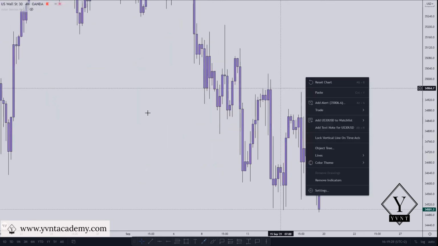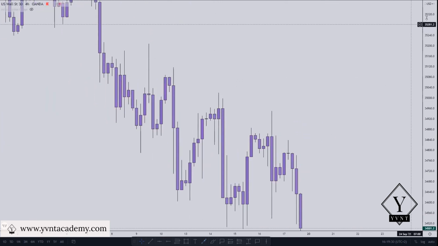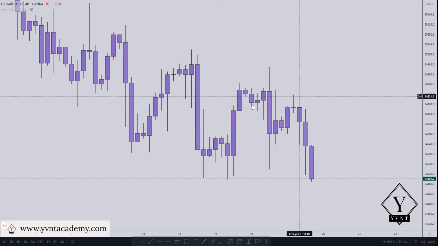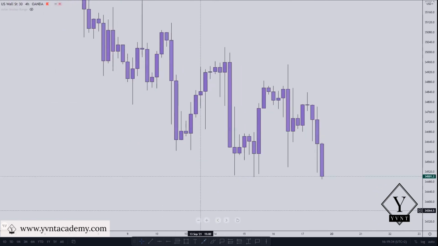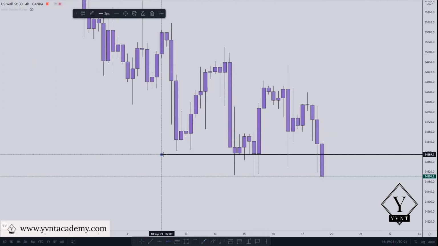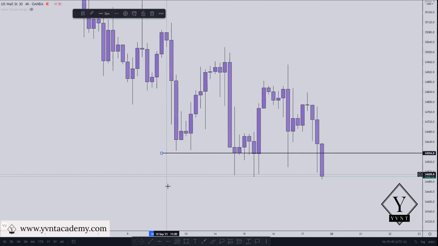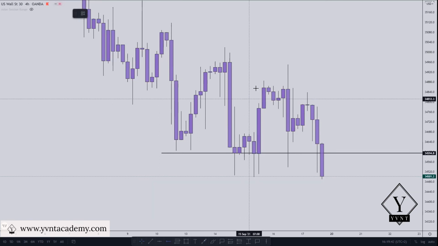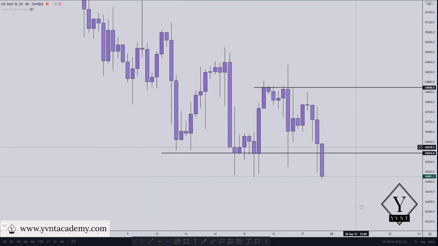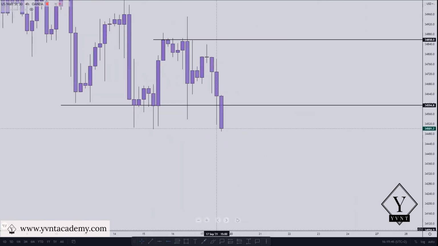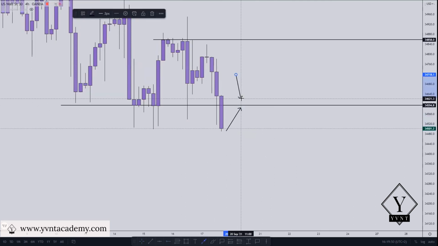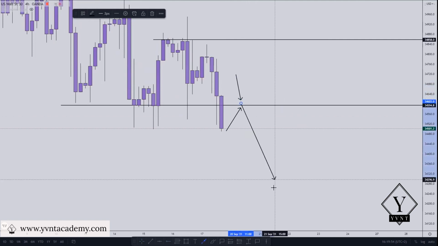Okay, US30 has also been bearish this week. It's been a bearish market, and we have been sitting at this level for quite some time. We have these areas here, and we recently broke. So for me, we're still bearish. We just expect price to come back, retest here, and then we push down.